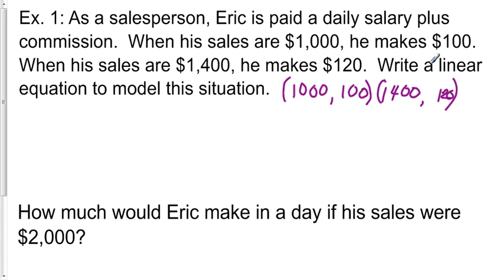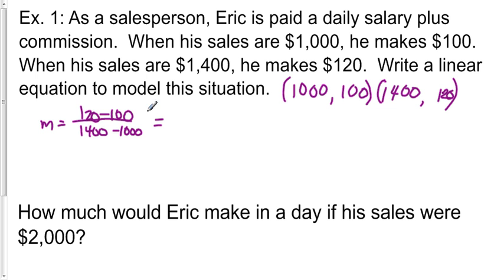If I want to write a linear equation, I need to find the slope. So let's use the slope formula. The slope is the difference of the Y values, so 120 minus 100, over the difference in the X values, 1,400 minus 1,000.